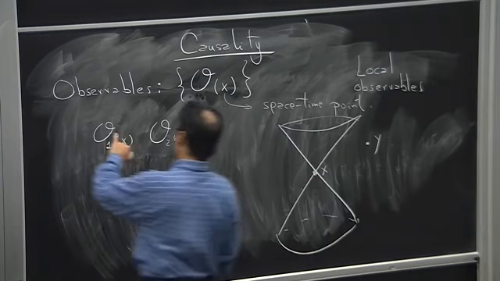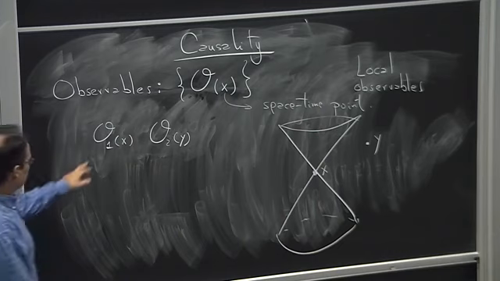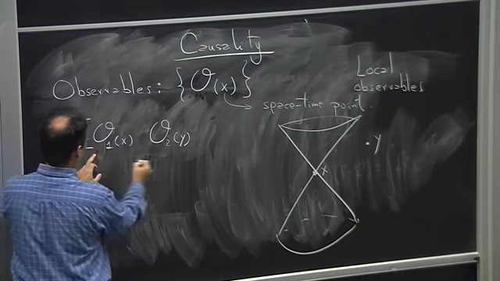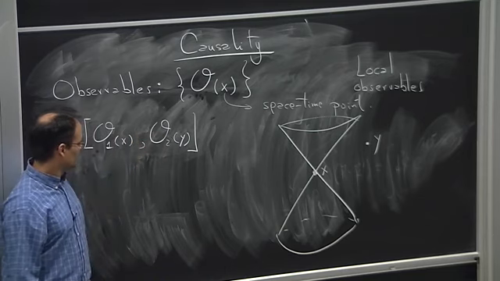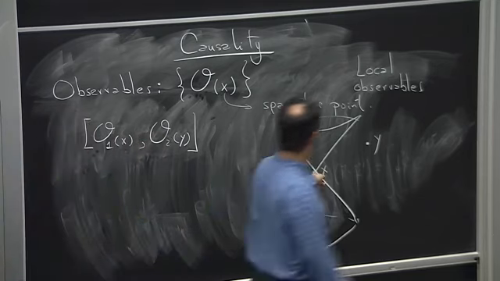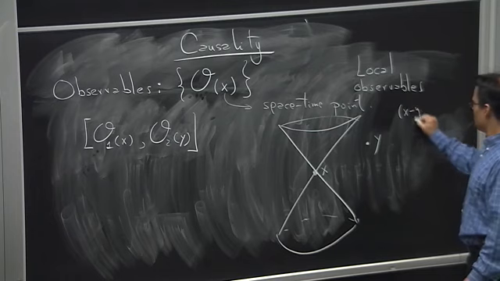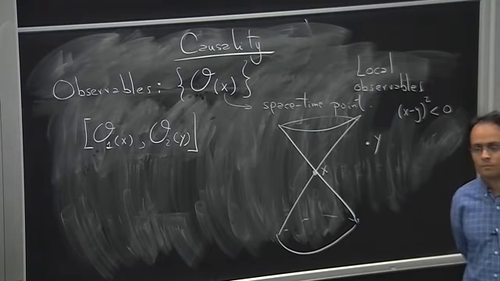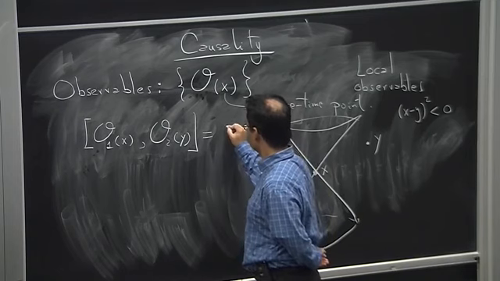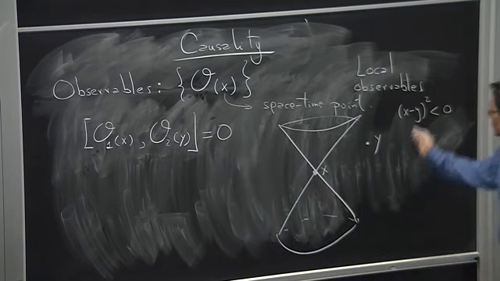Now, when we compute their commutator, and X and Y are space-like separated, which in our metric means that (X minus Y) squared is less than 0, what should the requirement be? That this should be 0, every time this is true.